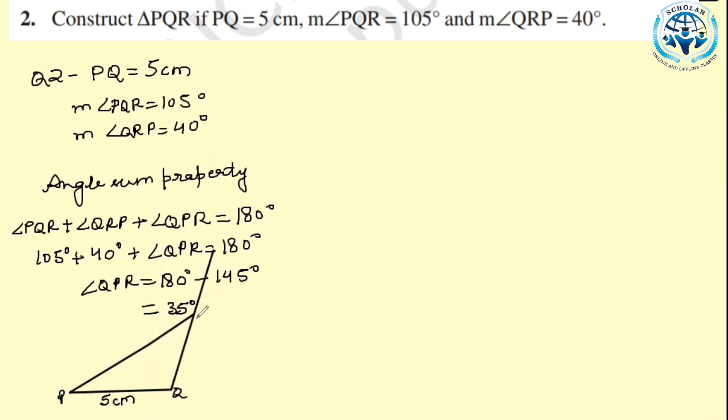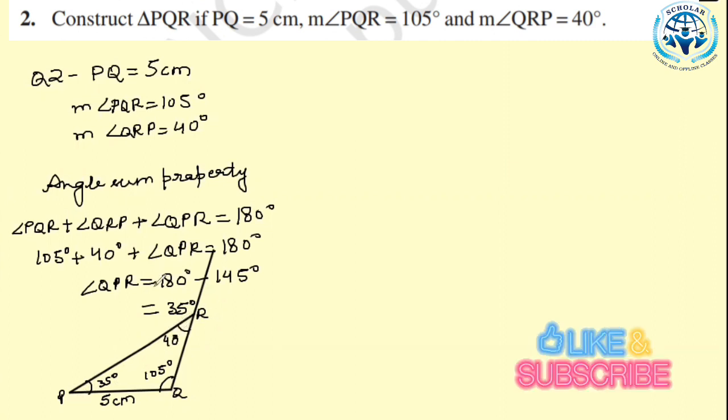We will join the two lines to complete the triangle PQR. The third angle is equal to 40 degrees. After completing the triangle, you can measure the third angle to know whether you have drawn correctly or not.